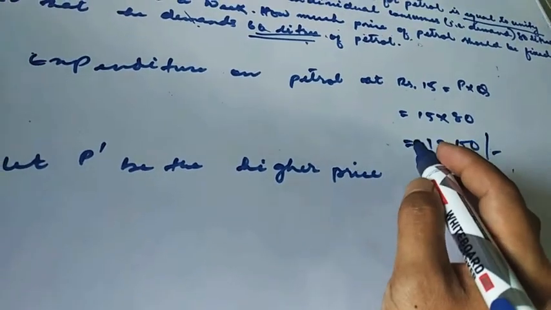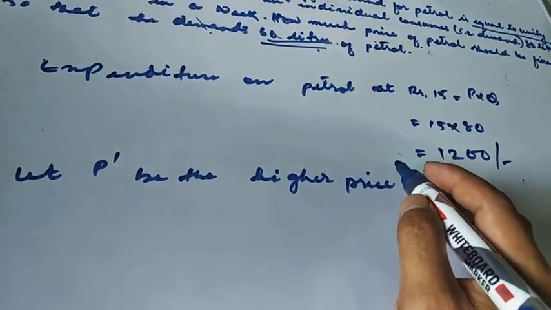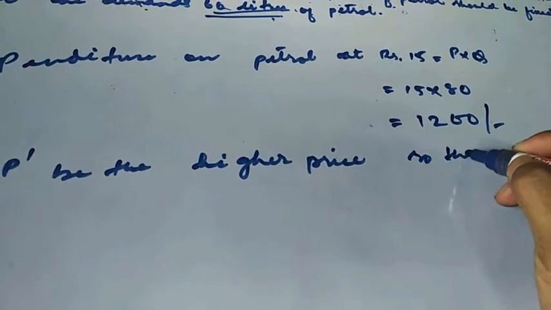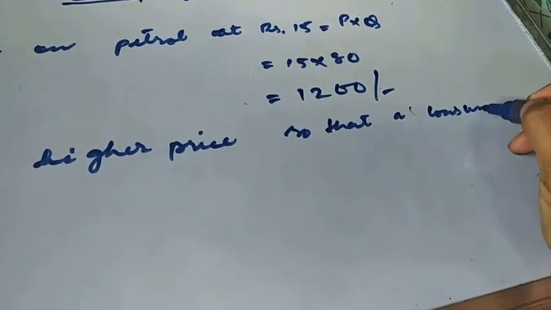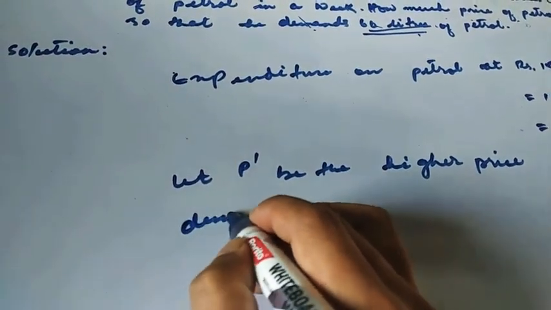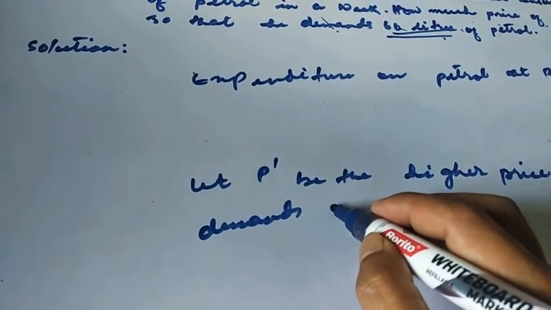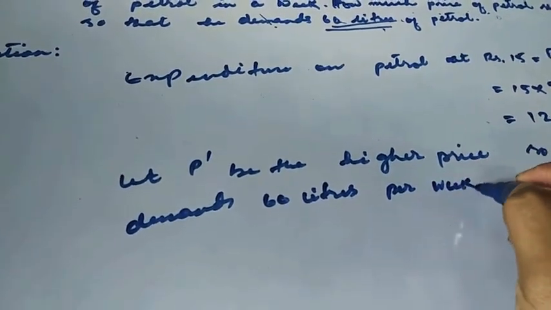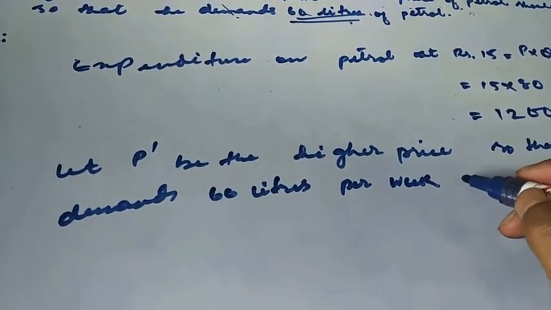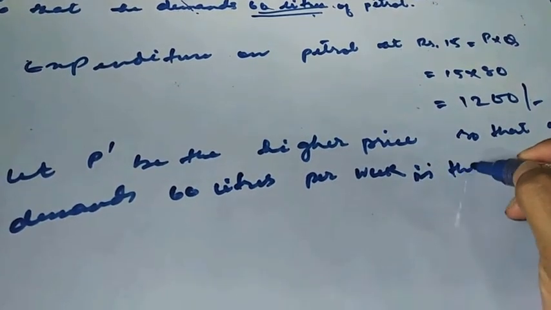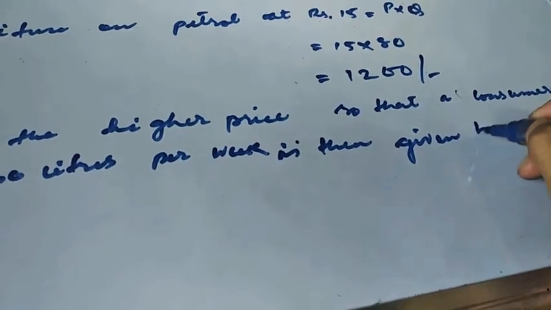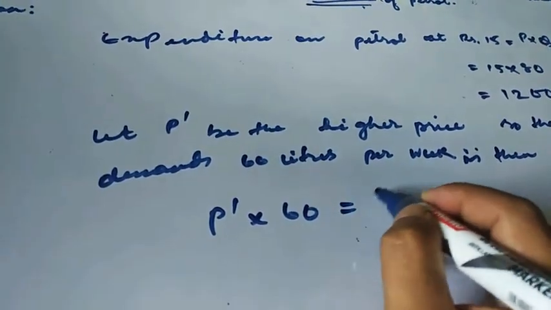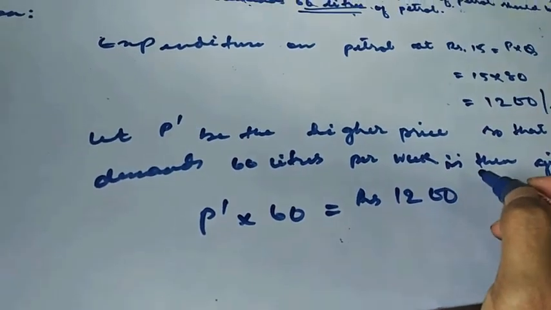Then the expenditure on petrol by the consumer, so that he demands only 60 liters of petrol per week, is given by price into quantity, 60, which should be equal to the previous expenditure.